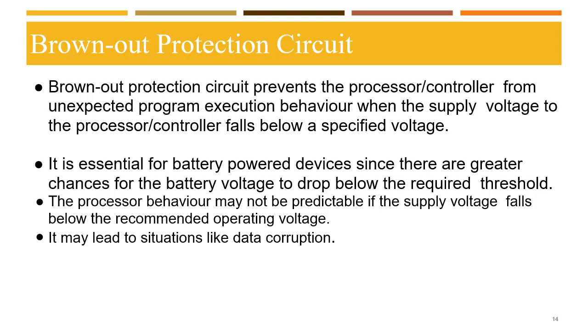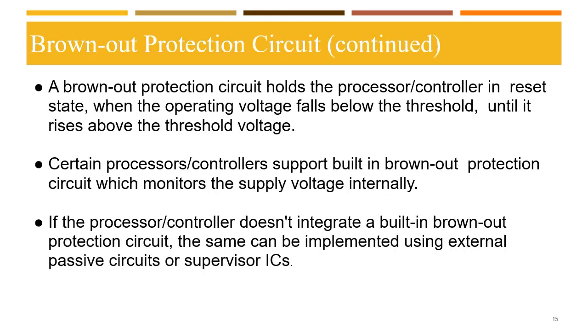The processor behavior may not be predictable if the supply voltage falls below the recommended value. It may lead to situations like data corruption. When the operating voltage falls below the threshold, a brownout protection circuit holds the processor or controller in reset state until it rises above the threshold voltage.